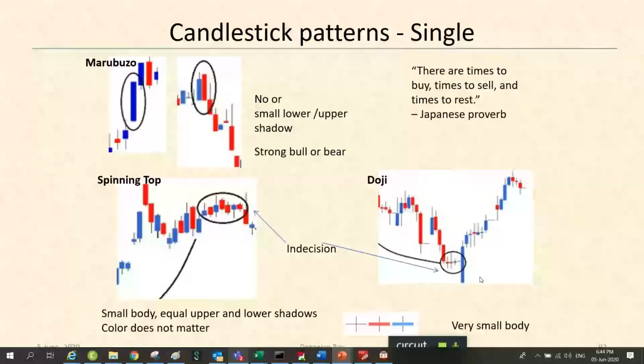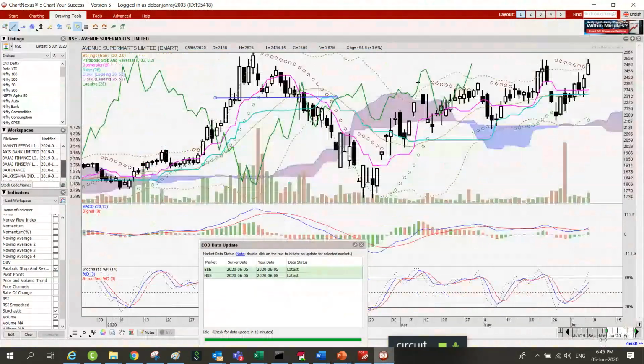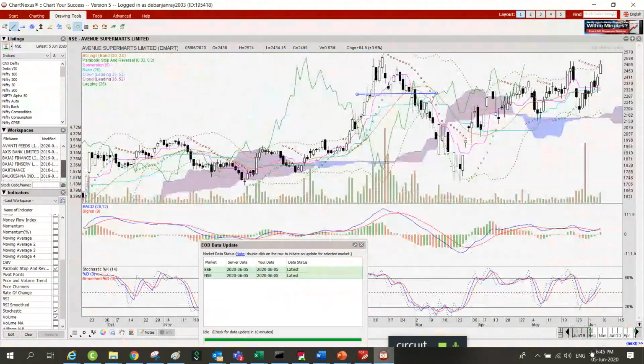That means you will look only at one single candlestick. You will not look back at the previous candlestick patterns. So one single pattern, either very big or very small, there is going to be a change in the direction. Okay, so such things, I don't know whether we can find practically.